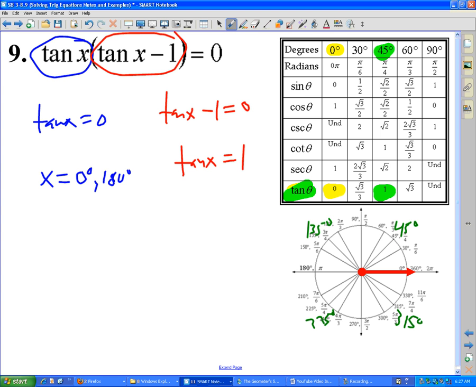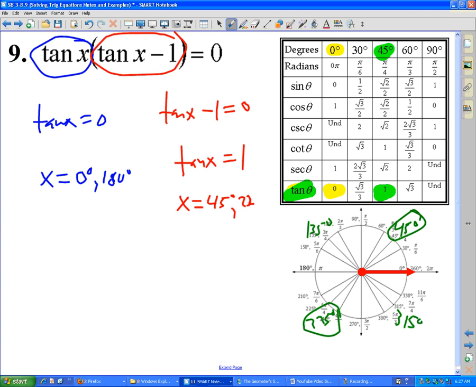Where is tangent positive 1? Well, tangent's positive in quadrant 1 and in quadrant 3. So our answers for that part of the equation are 45 degrees and 225.